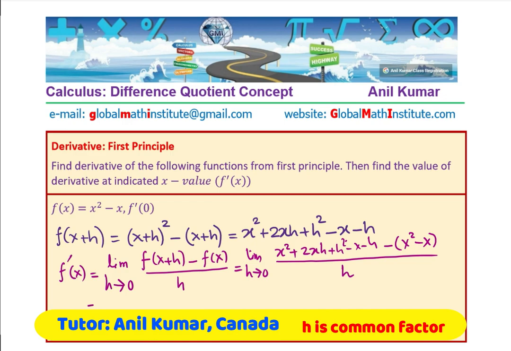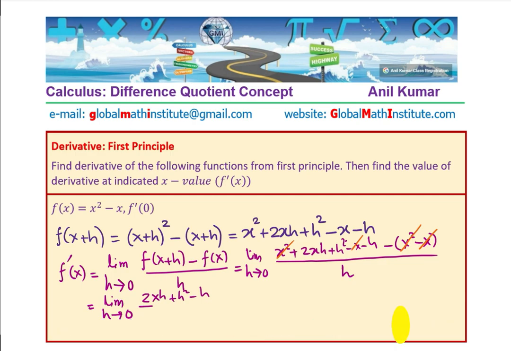So from here, what do you notice? You notice that x squared cancels with x squared and minus x also cancels with this minus x because we are subtracting this. And therefore, we are remaining with these three terms in the numerator. And these three terms in the numerator are 2xh plus h squared minus h, over h.